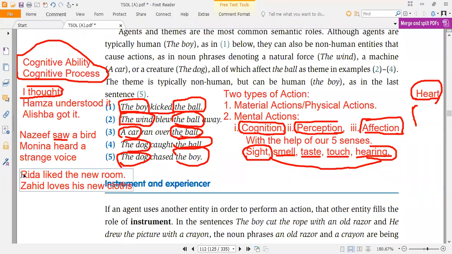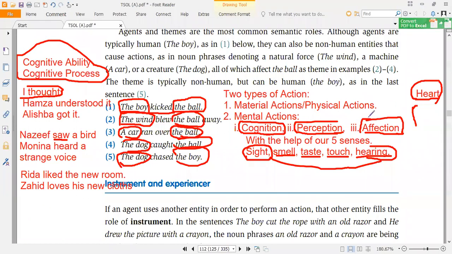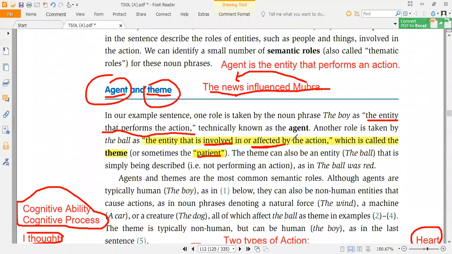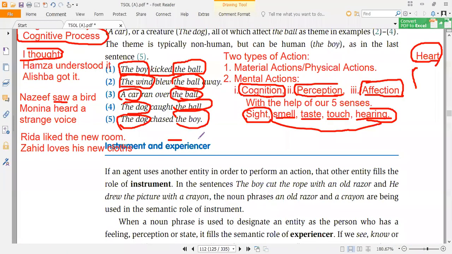Zahid loves his new clothes, right? Now, if we look at both these examples, like and love, they are associated with our affection, they are associated with our heart, right? Now, coming to our basic point, experiencer.